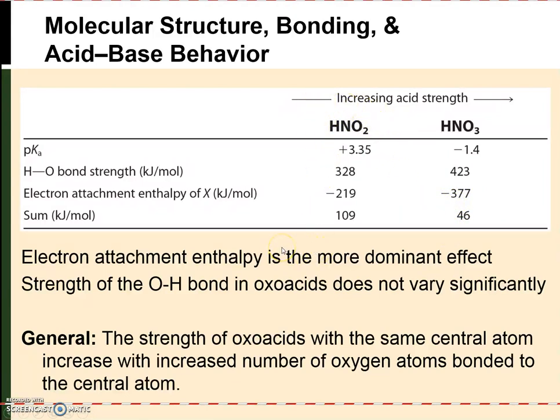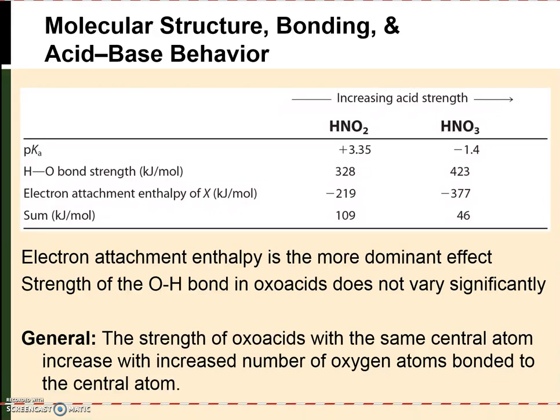And so going from HNO2, which has two oxygen atoms bonded to the central nitrogen atom, to HNO3, the acid strength increases. In this case, the electron attachment enthalpy is the more dominant effect, and the strength of OH bonds between different oxoacids isn't going to vary significantly. So in general, the strength of oxoacids with the same central atom increases with increasing number of oxygen atoms bonded to the central atom. Now, chemically, why is this occurring?